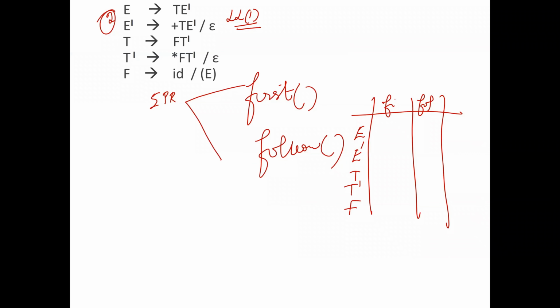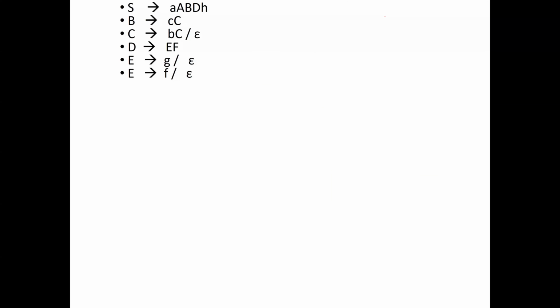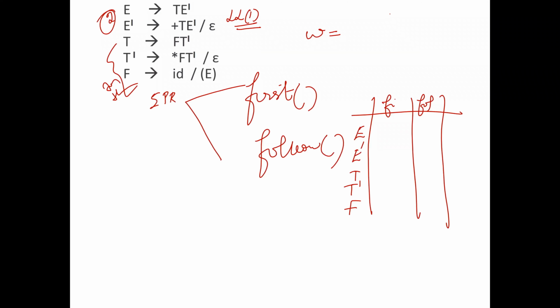Now let us have the question. Have the question down. For the given grammar, this is your grammar. For the given grammar, check the validity of a given string W equal to ID plus ID into ID.